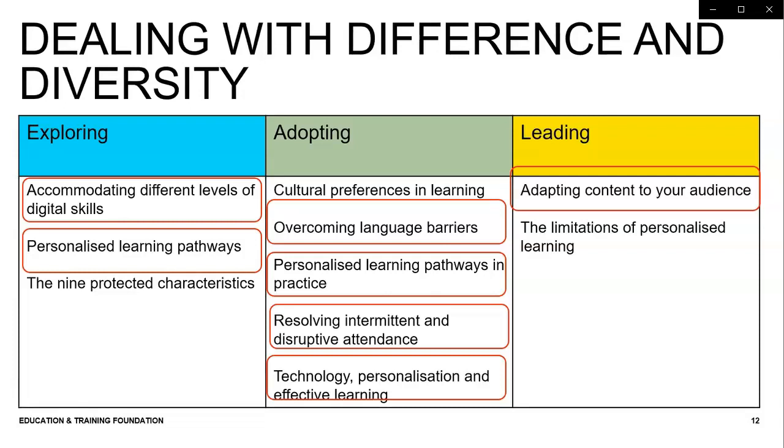We're obviously in a time when all your students have disruptive attendance, but resolving intermittent and disruptive attendance is all about tracking learning. And if you're supporting learners online, then you do need to think about how you can track what they've done and how they're doing through their learning. And that might be using tools like quizzes so that you can see that they've done the quiz.